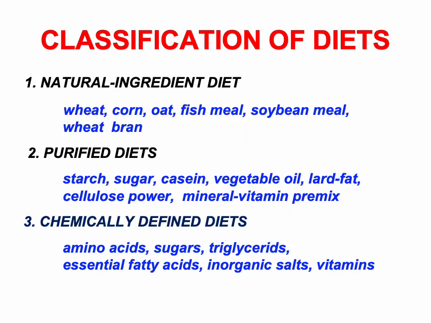The lab diets may be classified into three groups: the natural ingredient diets, the purified diets, and the chemically defined diets.